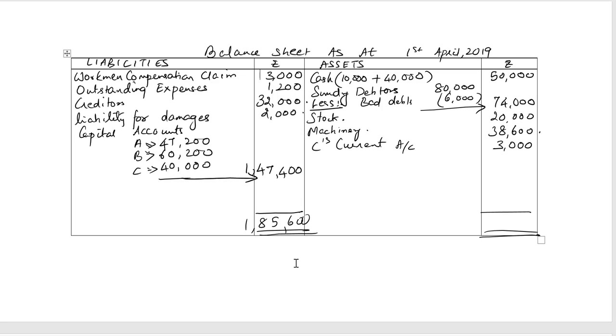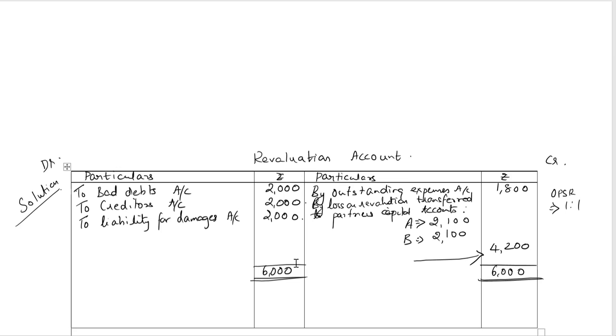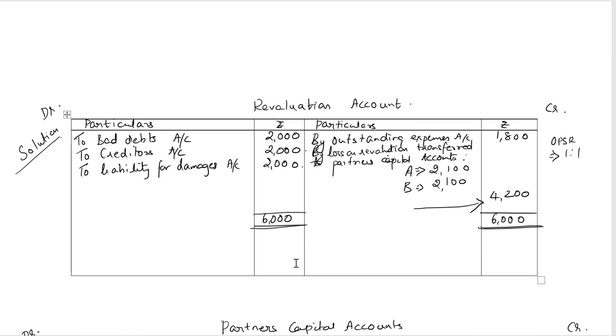The total of the liability side is 1,85,600, and the total of the asset side is also 1,85,600. So we'll see the entire sum. So this was the revaluation account where we got a loss of 4,200 rupees.